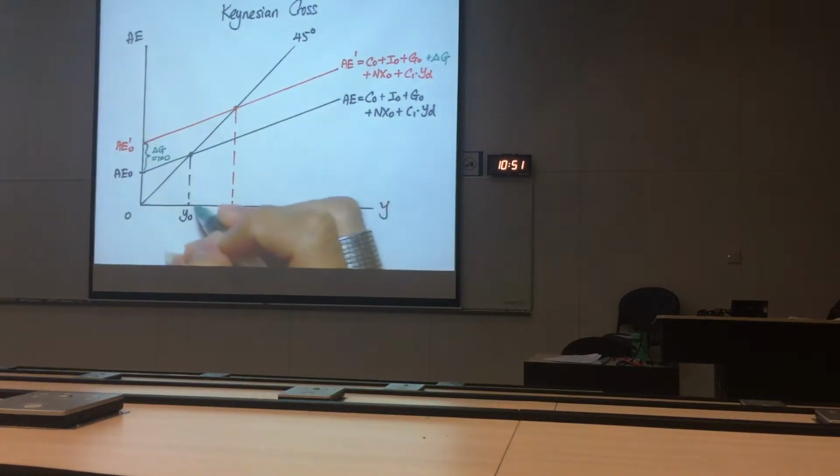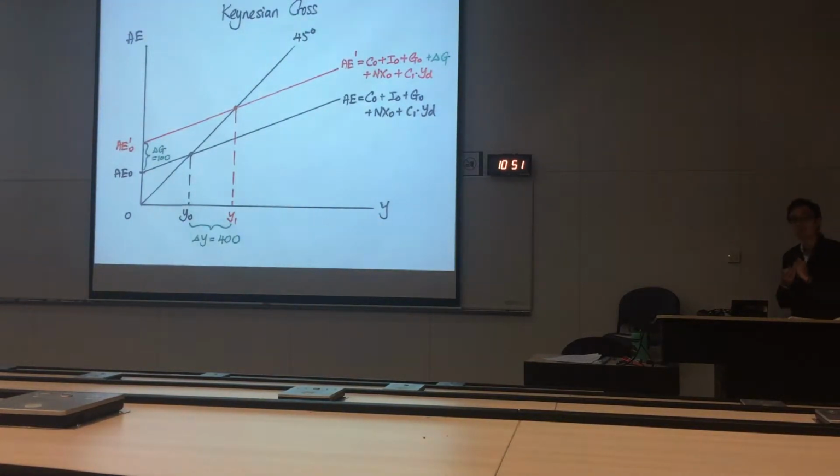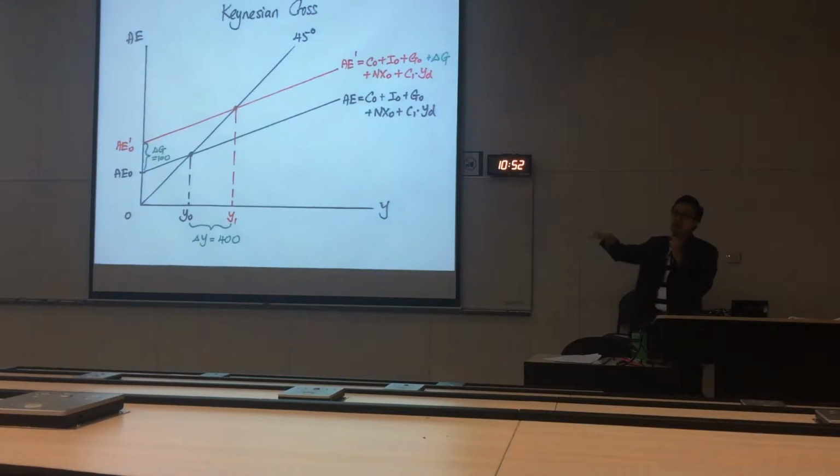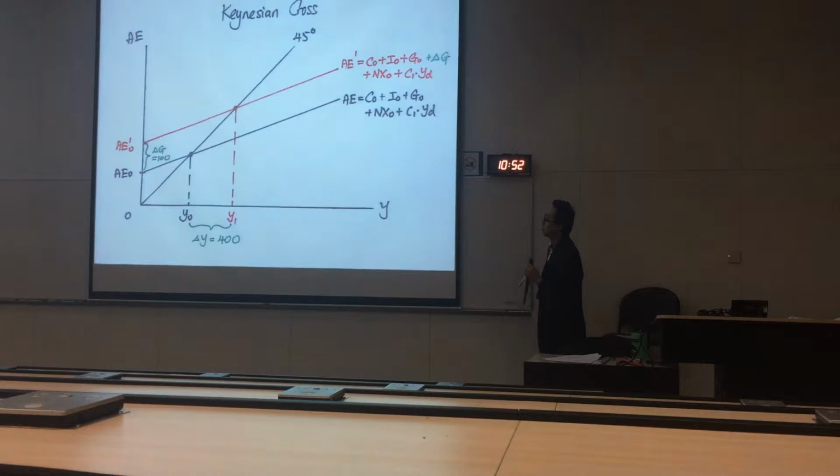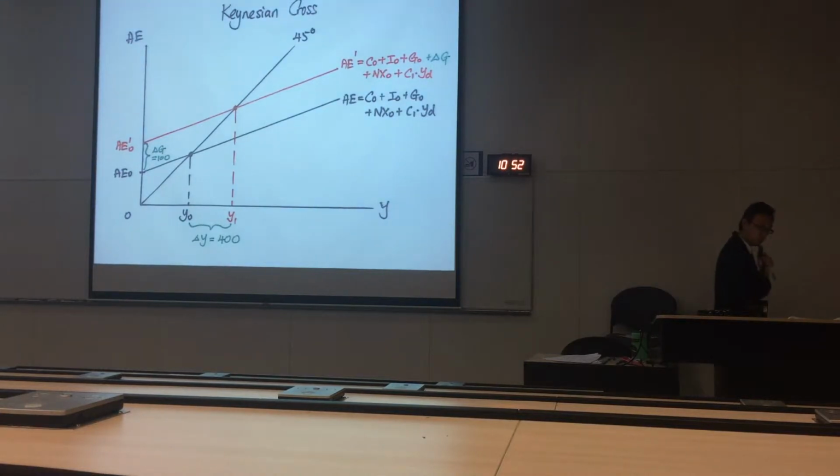But the gap that you see here, the change in Y, is based on the numbers that we slotted in just now. So you should at least be able to see this both mathematically and graphically.